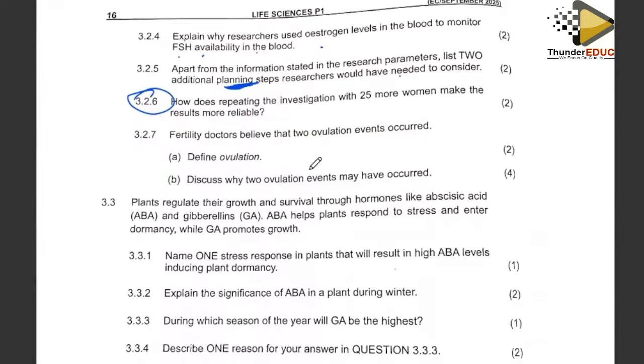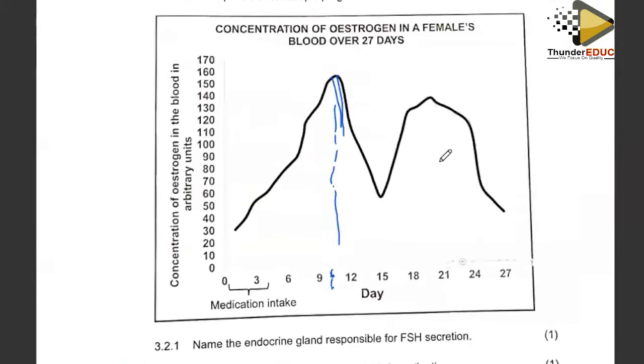Let me repeat the question. Discuss why two ovulation events may have occurred. How do I see this? Why do we have two peaks? This could be the first, and also this.